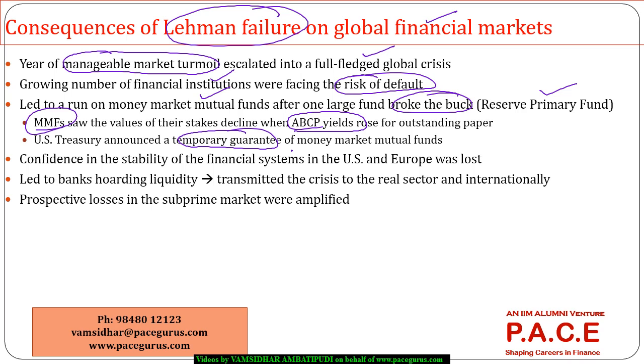So the real sector and even the global markets got badly affected because of this move. And more and more apprehensions regarding the prospective losses in the subprime market added more and more fuel to the fire, resulting in a big, drastic impact on global financial markets.